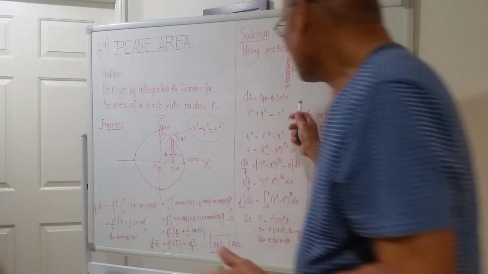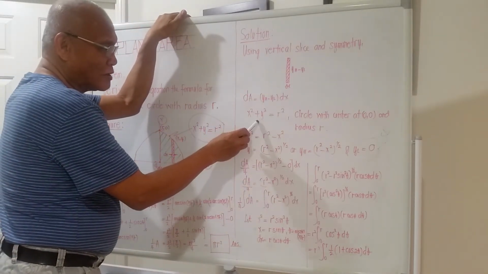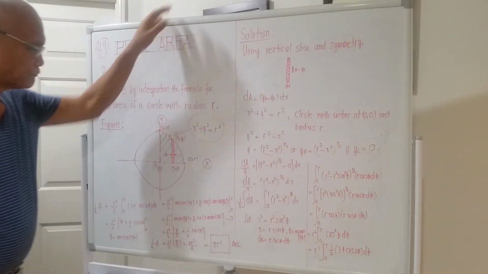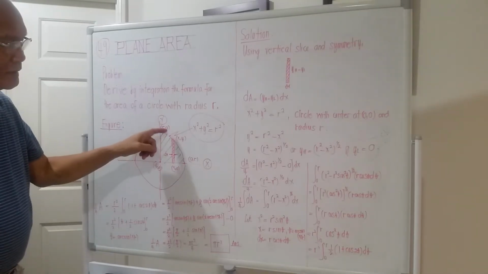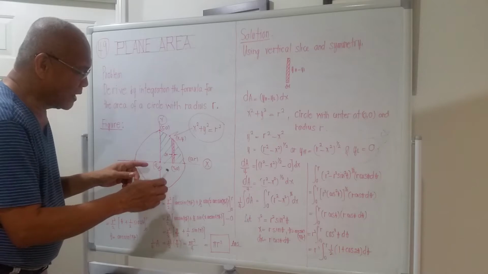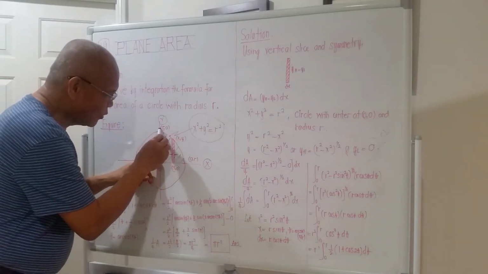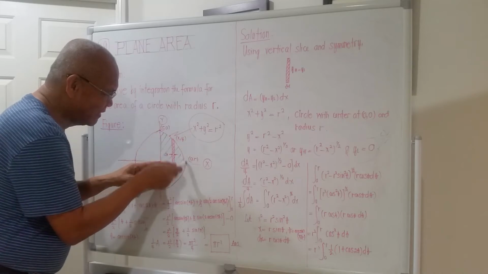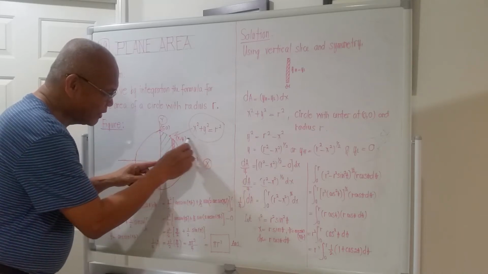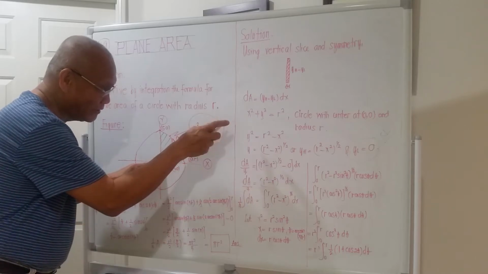From the equation of the circle, x squared plus y squared is equal to r squared. Because we are solving for the area between this horizontal line and the 1/4 portion of the circle, and since we know the equation of the circle, we could use that to relate y and r.